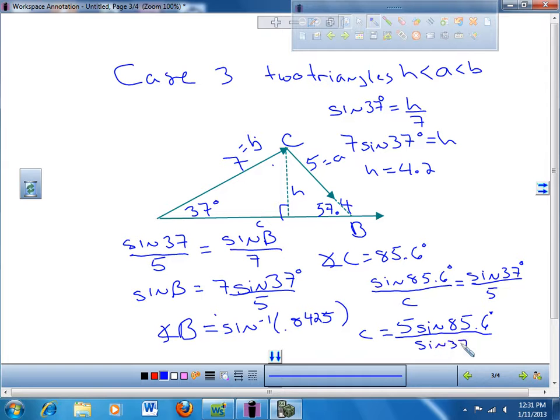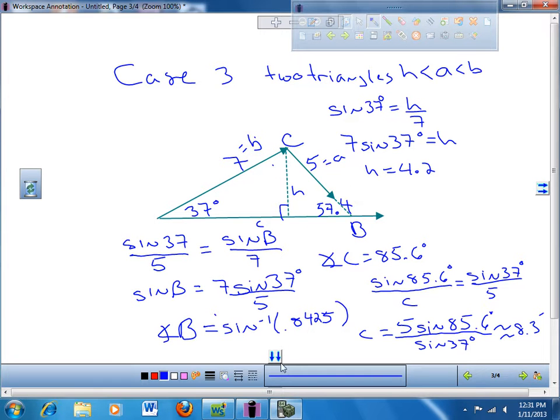And if I do that on my calculator, I get that is approximately equal to 8.3. Whatever the units happen to be. Let's say it's feet. So c is 8.3. So that's one triangle. You have to go through all that for one triangle. Now you got to do it for the other triangle.